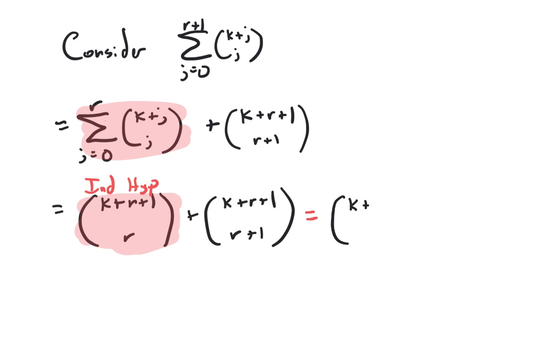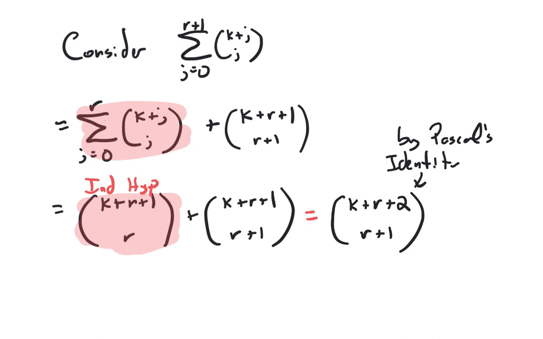So k plus r plus 1 plus 1, so k plus r plus 2, choose r plus 1, and that's by Pascal's identity. In this case, our n is k plus r plus 1. So we have n choose r plus n choose r plus 1. If we add them together, we get the next one, n plus 1 choose r plus 1. So that's just using Pascal's identity, and we're done.